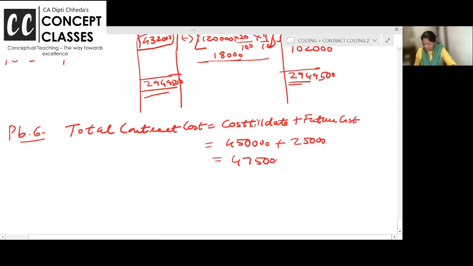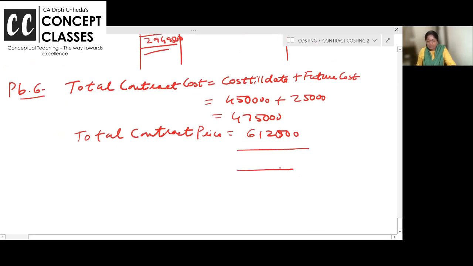So total cost is 4,75,000. Is it clear to all of you? 4,75,000. And what is the total contract price? Contract का total price कितना है? 6,12,000. Just 6,12,000. So what is the estimated profit?